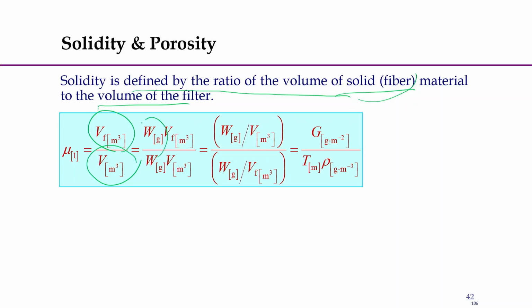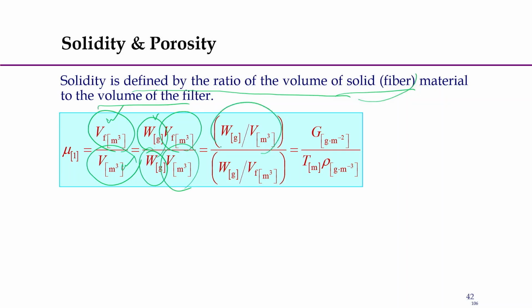So, mass is there, that is Vf and weight, and from there we can calculate, because the fabric mass and fiber mass are same. So, fiber mass, that is mass, then we can multiply by the mass of the fiber or fabric.